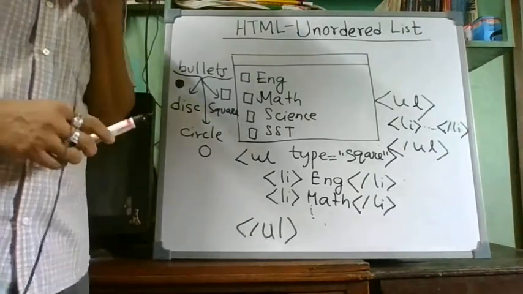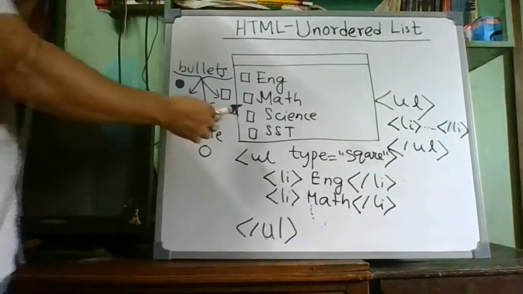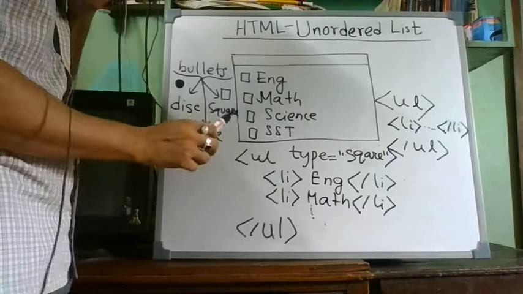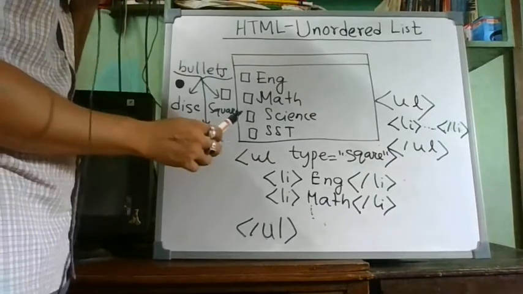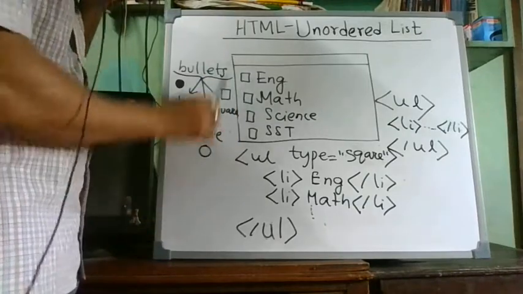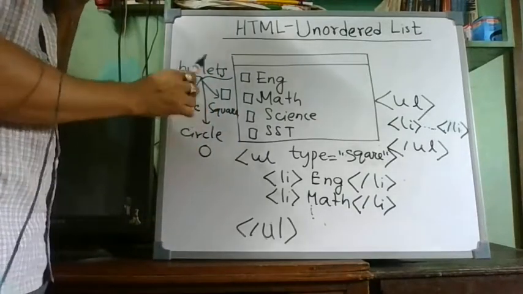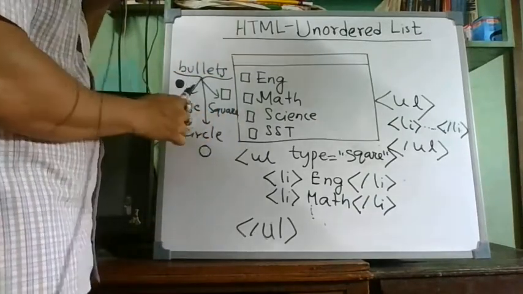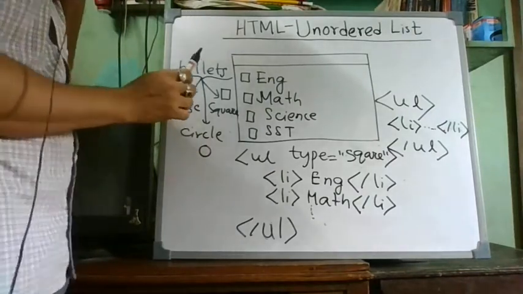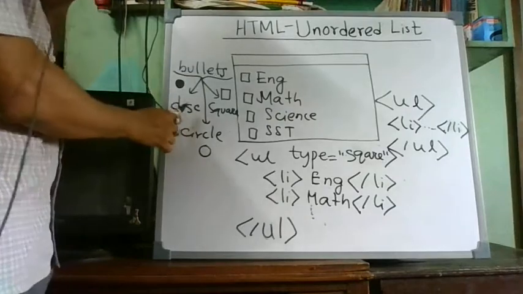I'm just recapping. An unordered list is a list which has no indexing or ordering of indexing like 1, 2, 3, 4 or ABCD. An unordered list will have only bullets. Normally, by default, the bullet is disk.